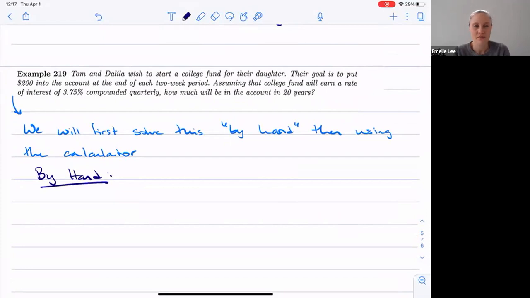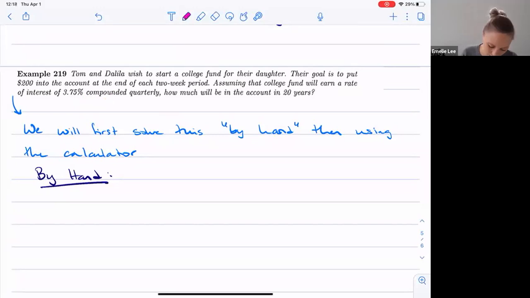First things first, what's my payment frequency? What's my compounding frequency? So I should read the question first. Tom and Delilah wish to start a college fund for their daughter. How sweet. Their goal is to put $200 into the account at the end of each 2-week period, so bi-weekly. Assuming the college fund will earn a rate of interest of 3.75% compounded quarterly, how much will be in the account in 20 years?